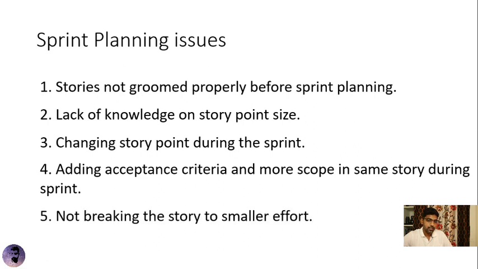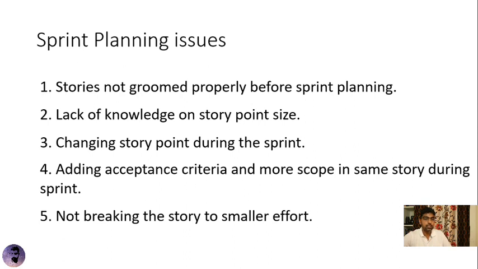Another issue, and this is a really big one, is that we give larger stories like 8 story points, 13 story points. Anything beyond 8 is really considered a big story. It definitely needs to be broken down into small stories. The best practice is to try to break the user stories into one story point, which is a challenging task, I know that, but as much as possible, if we can get it into 1, 2 or 3 story points, there is a better chance of getting the stories completed and moving forward with other stories.